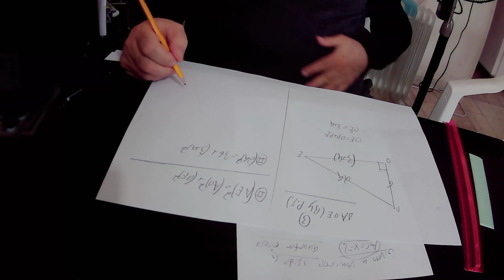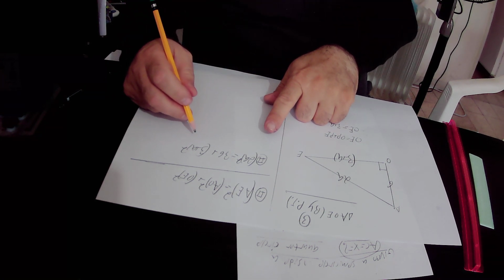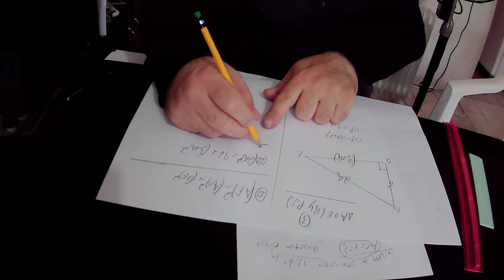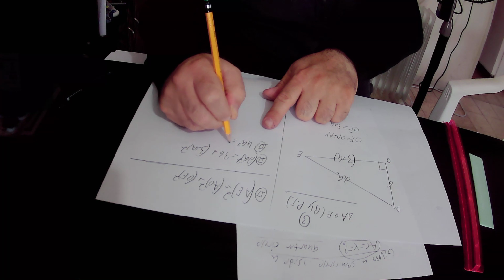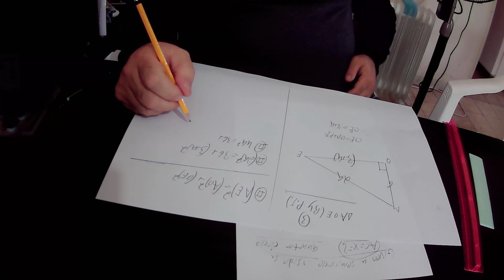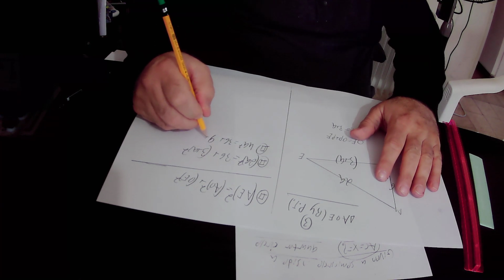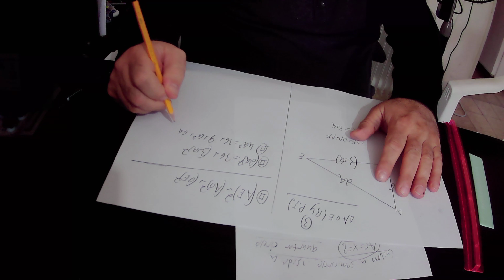So here we'll open the brackets on both sides of equation number 2, and we get that (2a) squared is 4a squared, equals 36, plus (3 plus a) squared, which is 3 squared, that is 9, plus a squared plus 6a.